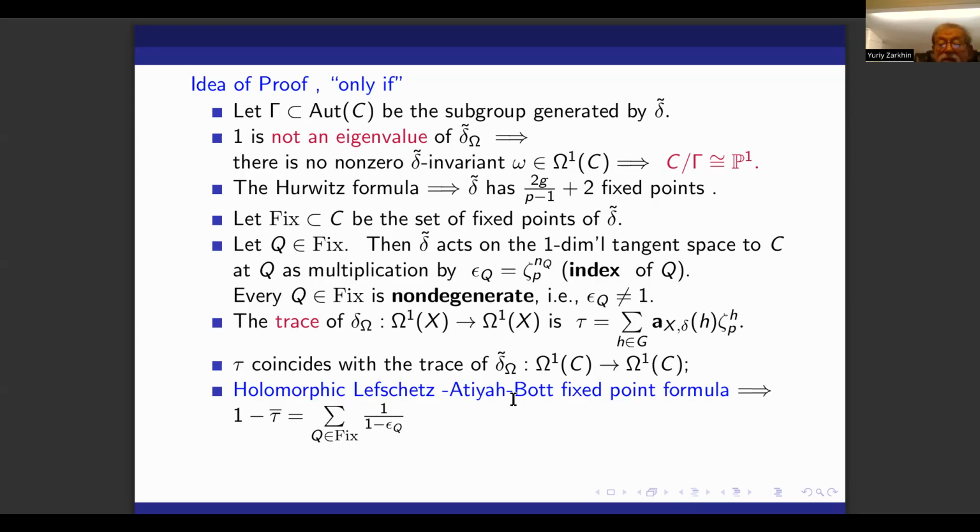Now let's apply the holomorphic Lefschetz fixed point formula, which tells us that 1 minus tau bar is actually a sum across the set of fixed points, where we consider the inverse of 1 minus the index of the corresponding point.